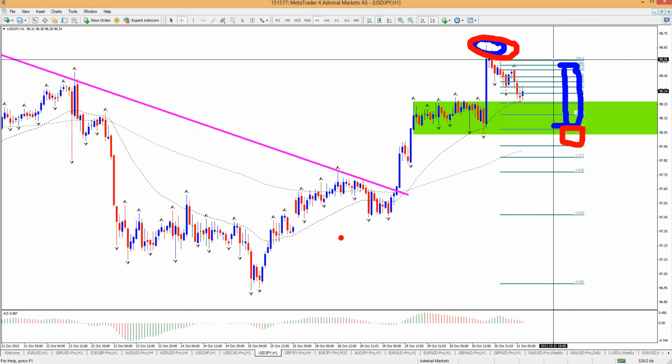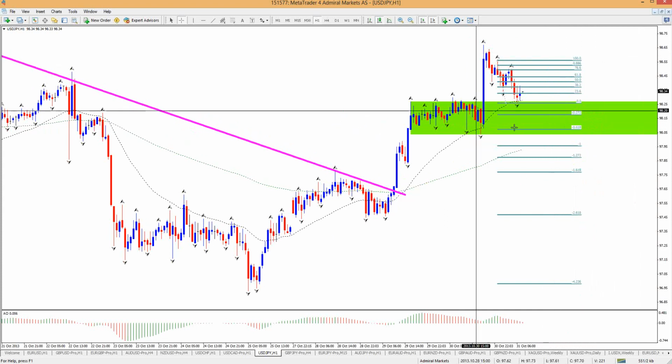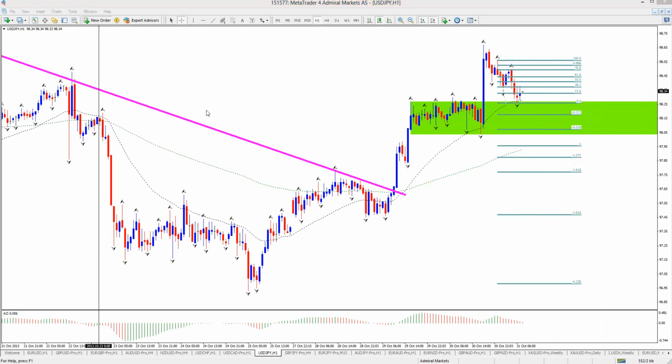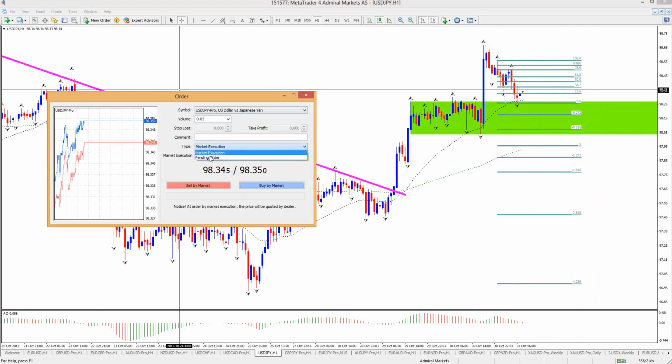So that's one of the reasons why I would recommend for those of you who did take a breakout here with me to move that stop loss there, because usually speaking, it shouldn't break. So personally, I'll just go ahead and punch that in quickly.